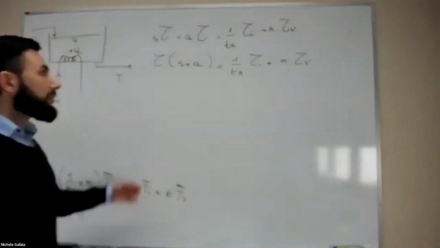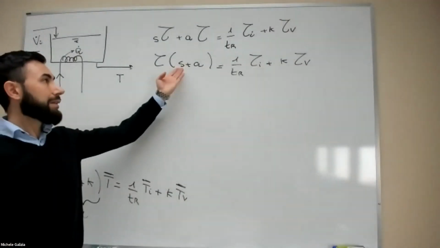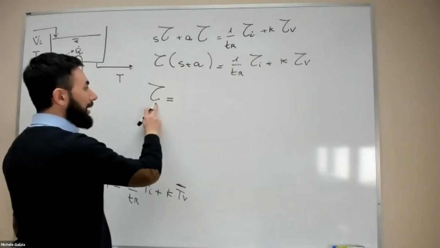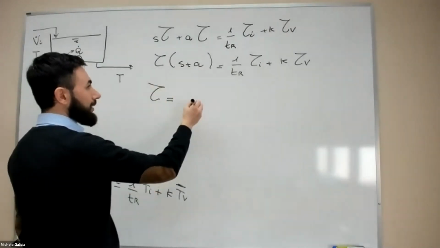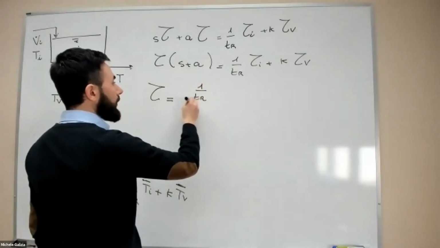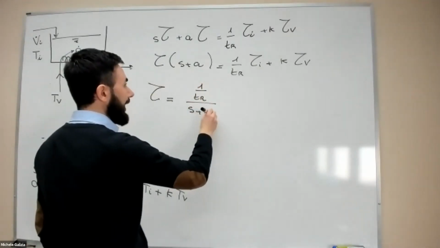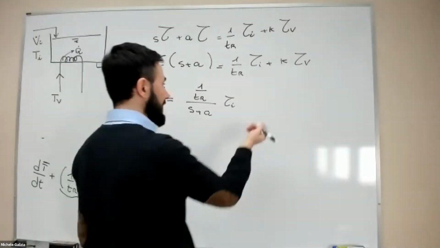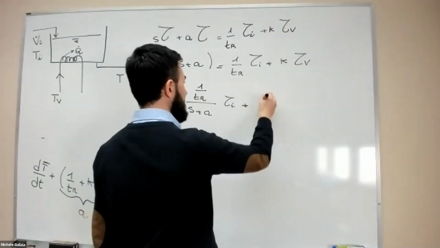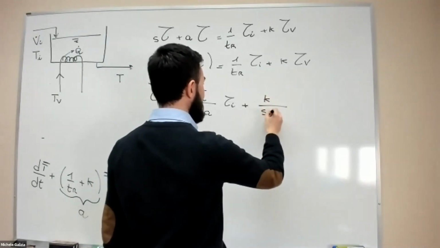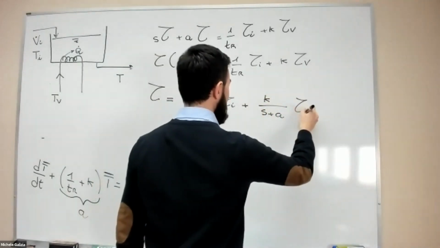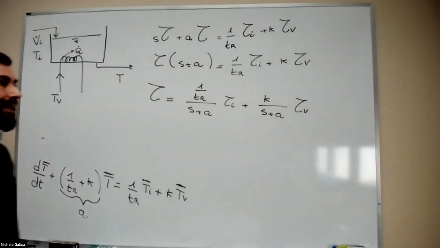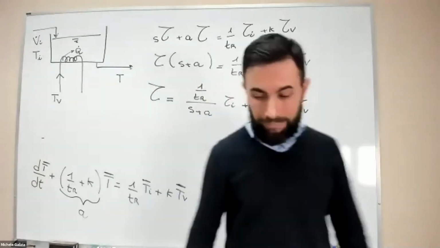Just a little bit of algebra. Let me divide by S plus A, and so we have that the temperature in the Laplace domain is 1 over Tr divided S plus A times the Laplace transform of the inlet temperature plus K divided S plus A, the Laplace transform of the vapor temperature. So how many transfer functions do I have?